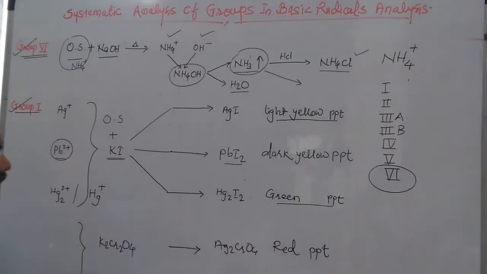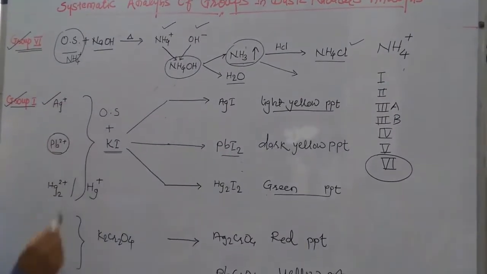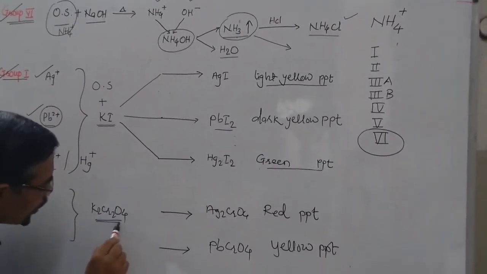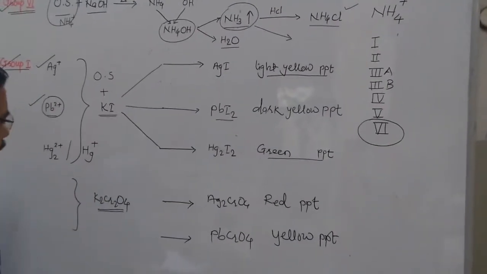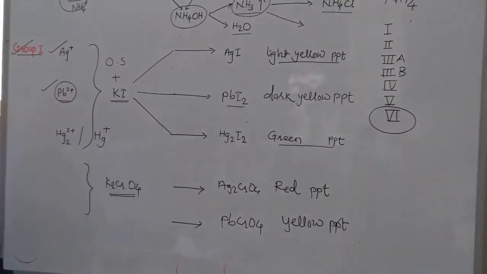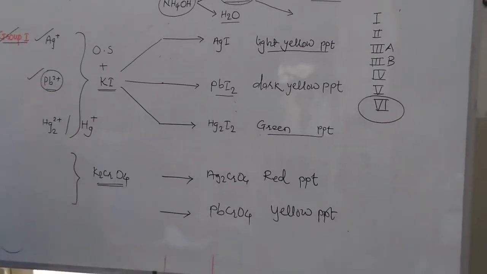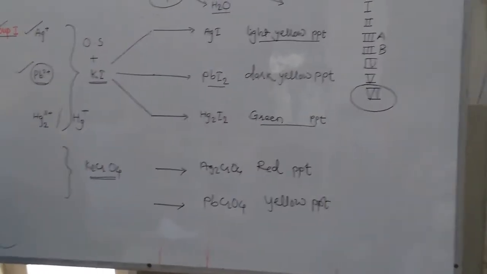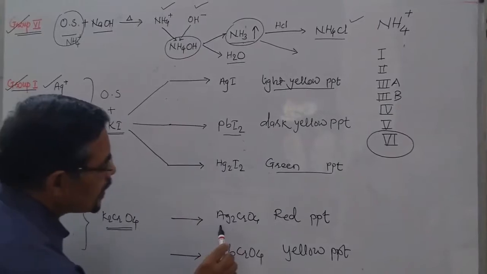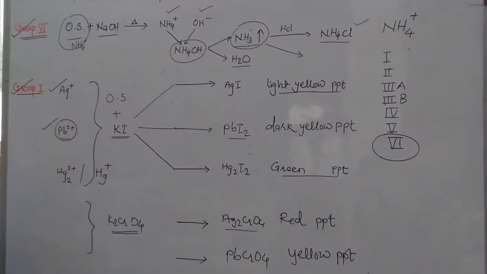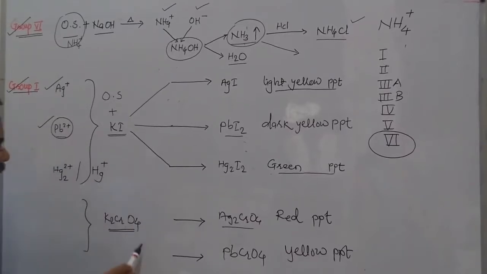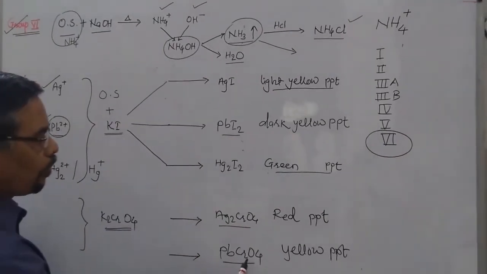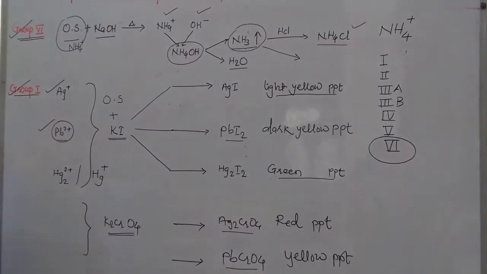Similarly, we can identify the presence of Ag plus radical and Pb2 plus radical by using one more reagent called potassium chromate, K2CrO4. When potassium chromate is added to the original solution, silver forms silver chromate, a red colored precipitate, and if Pb2 plus is present, then it forms PbCrO4, that is lead chromate, which is a yellow precipitate.